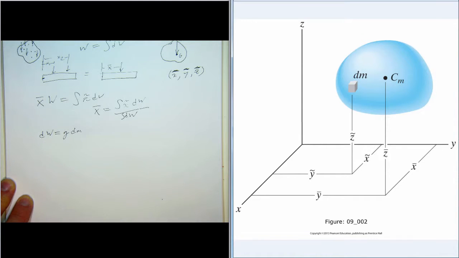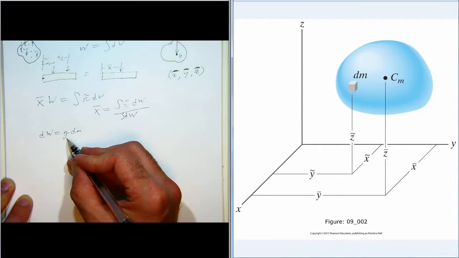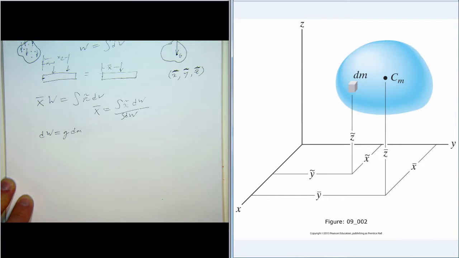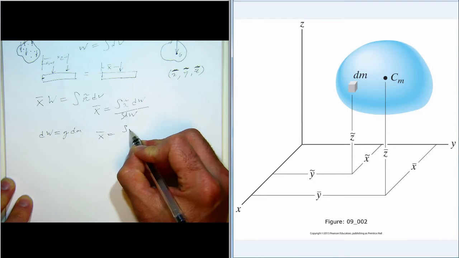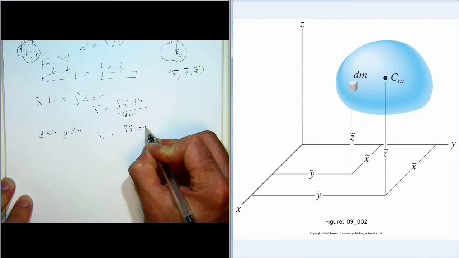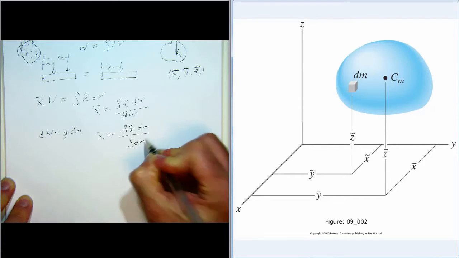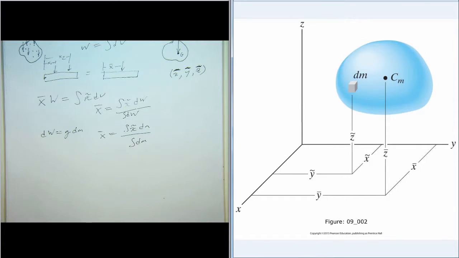And if we assume there's constant gravity acting over the entire body, which is close enough to true, then we can get that the center of mass is located at the ratio of these integrals.